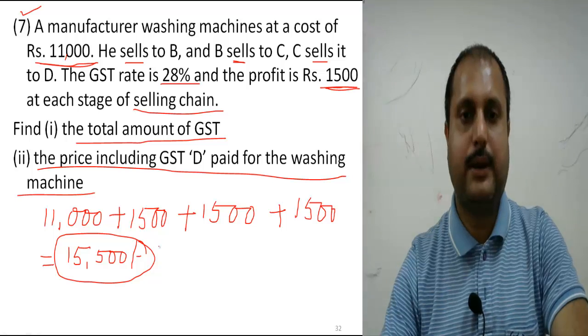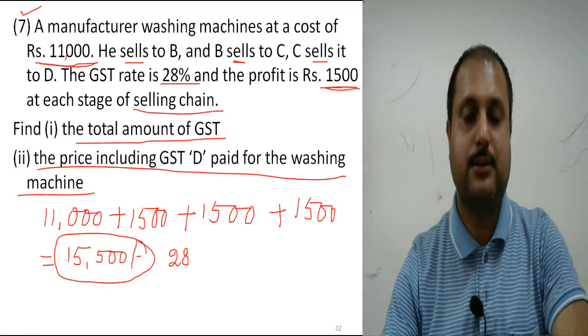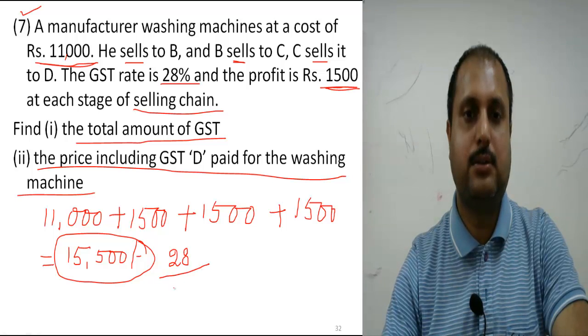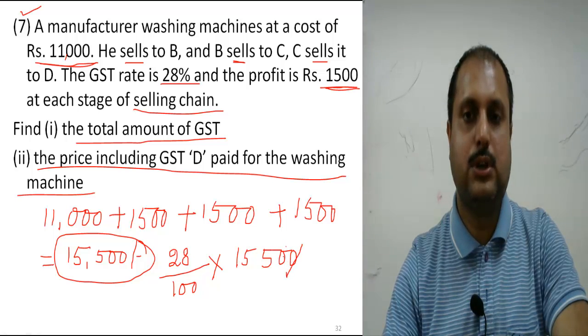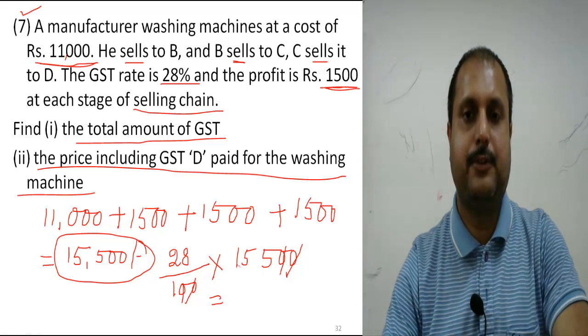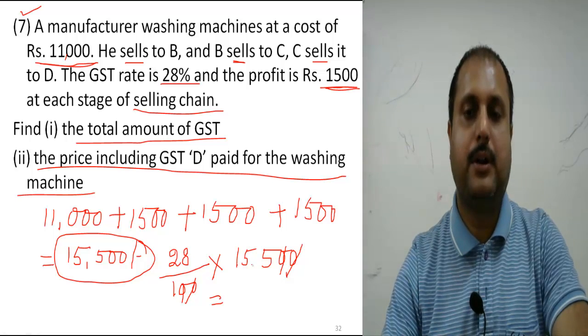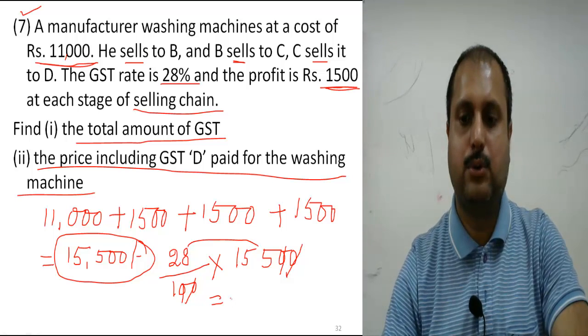Now the GST is 28%. So let's get the amount. 28 divided by 100 multiplied by 15,500. Now the two 0s are cancelled out and you can multiply the 155 with the 28, and you will get the total amount.